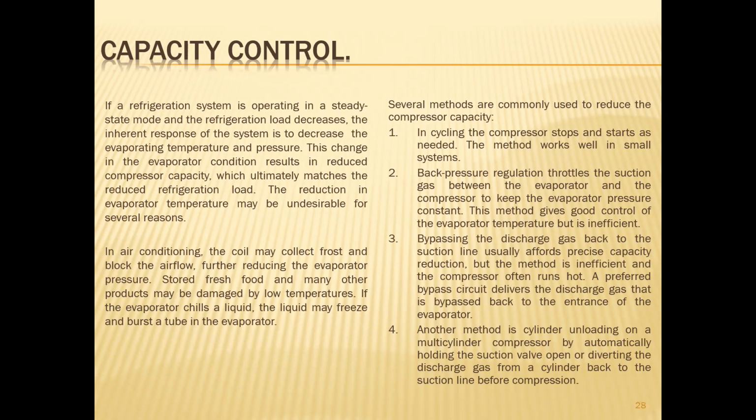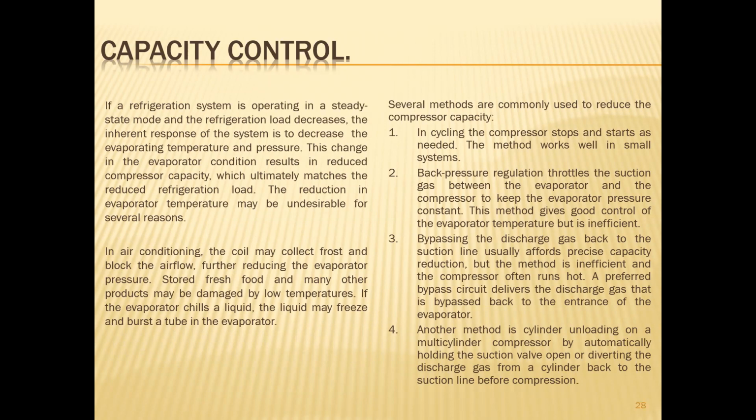In air conditioning, the coil may collect frost and block the airflow, further reducing the evaporator pressure. Stored food and many other products may be damaged by low temperatures. If the evaporator chills a liquid, the liquid may freeze and burst a tube in the evaporator. That is why capacity control is needed.